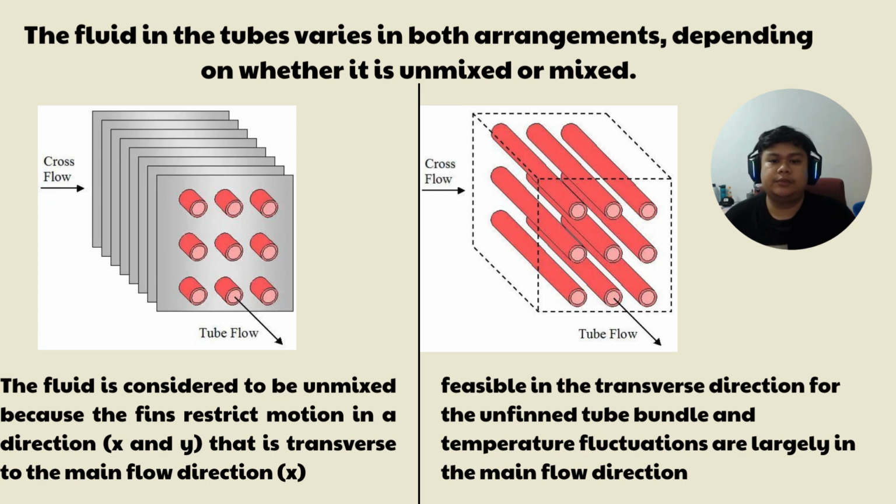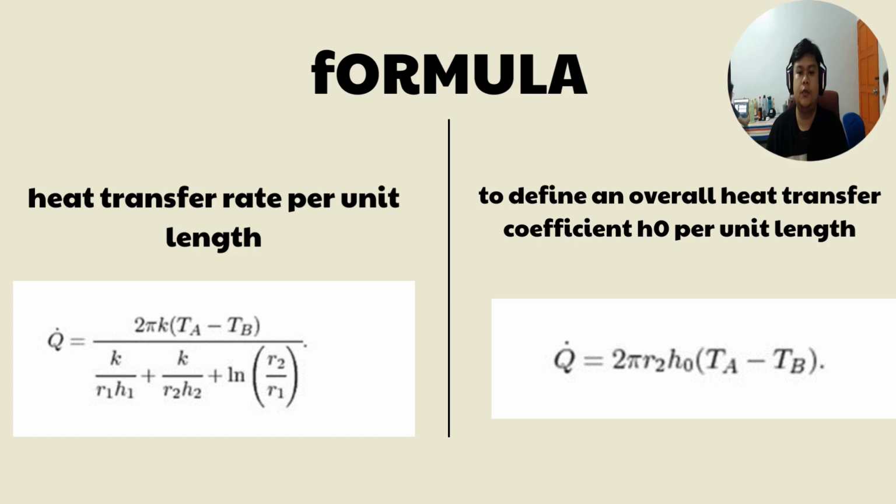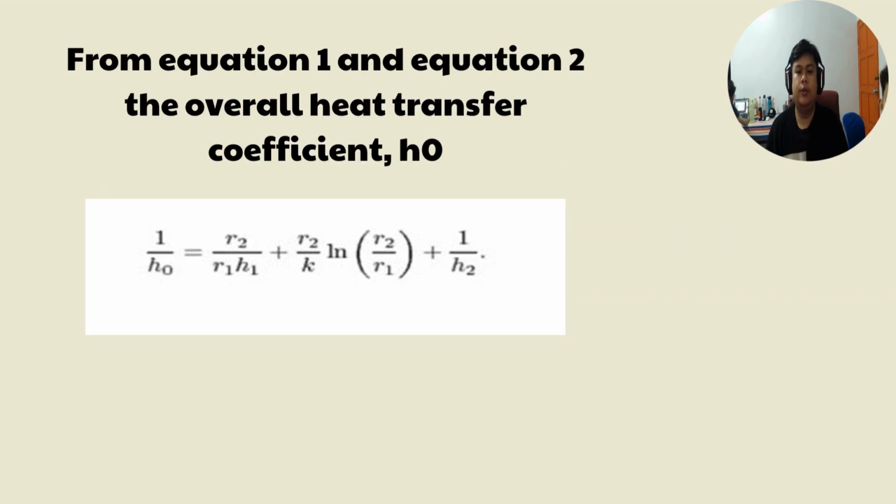Second one is mixing feasible in the transverse direction for the unfinned tube bundle, and temperature fluctuations are largely in the main flow direction. From this slide, we use a formula which is heat transfer rate per unit length and to define an overall heat transfer coefficient H0 per unit length. From equation 1 and equation 2, the overall heat transfer coefficient H0.